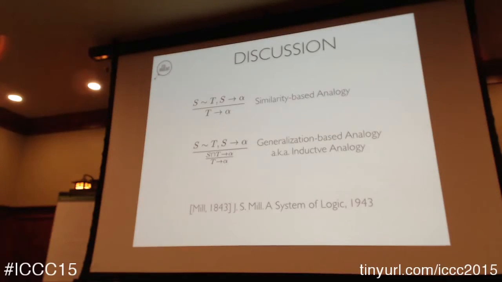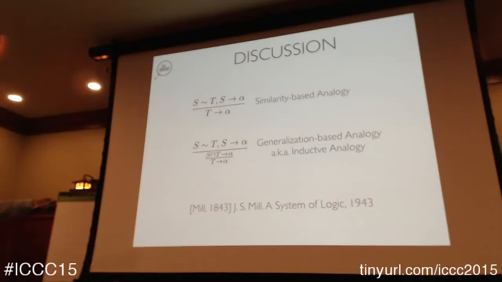The other one, instead of calculating a degree of similarity, for instance, is a generalization-based or inductive analogy that considers analogy as a kind of induction, that instead of trying to find a description of the whole class, you're trying just to have the scope of the source and the target.